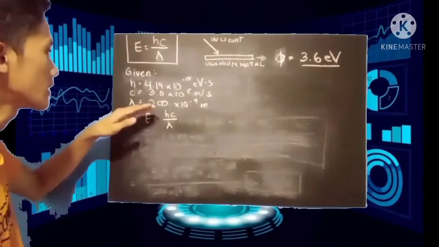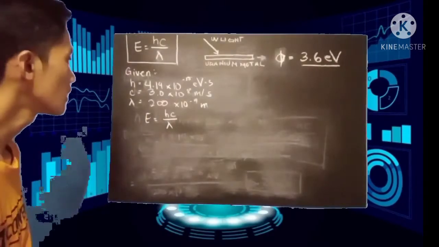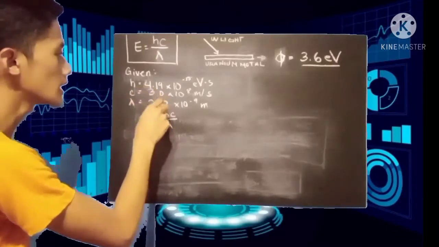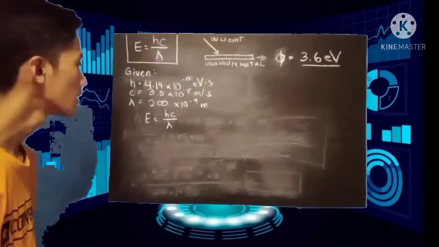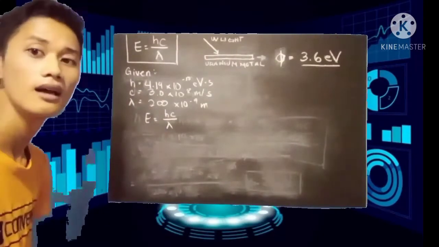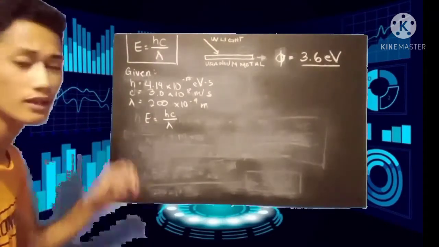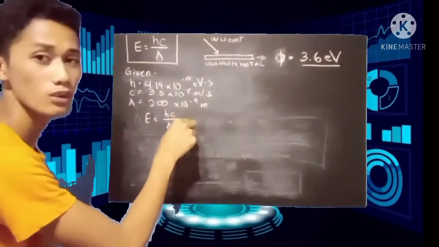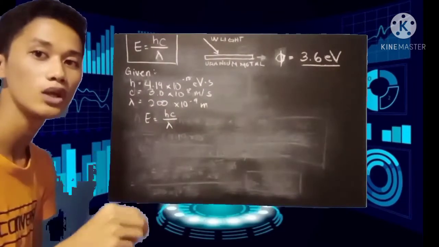What we have here are the constant values for the Planck's constant, which is 4.14 times 10 raised to negative 15 electron volt seconds, and for the speed of light, we have 3.0 times 10 raised to 8 meters per second. And for the wavelength of the UV light, we have 200 times 10 raised to negative 9 meters, or in nanometers, 200 nanometers.